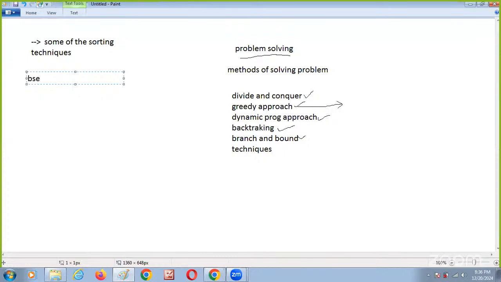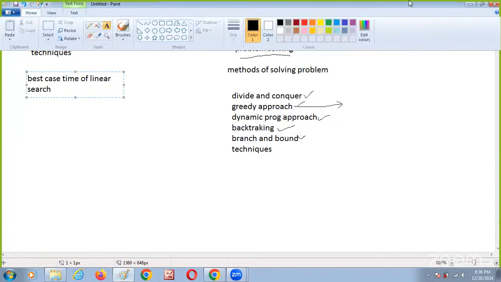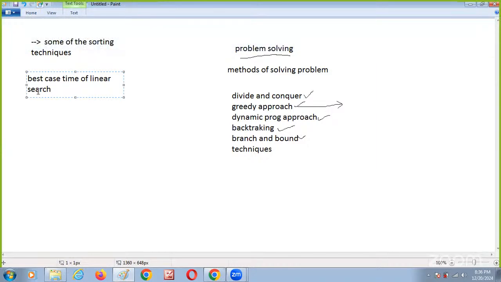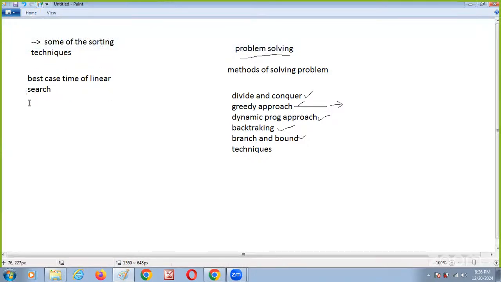What is the best case time complexity? What is the best case time complexity of linear search? Can anyone answer? Yesterday we already discussed it.